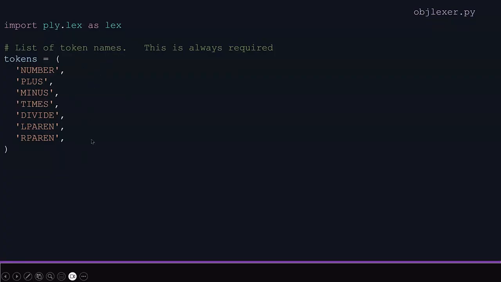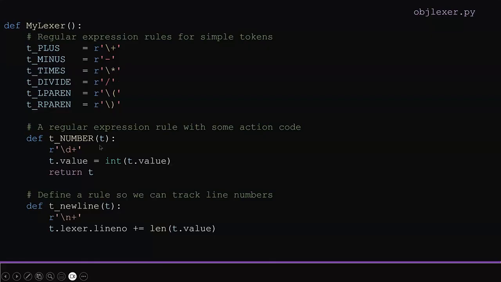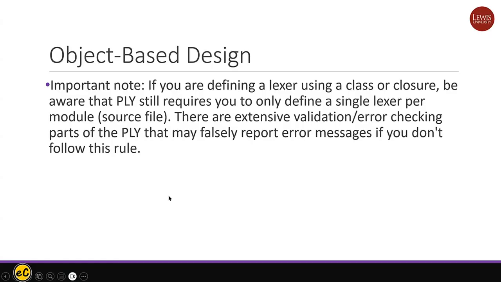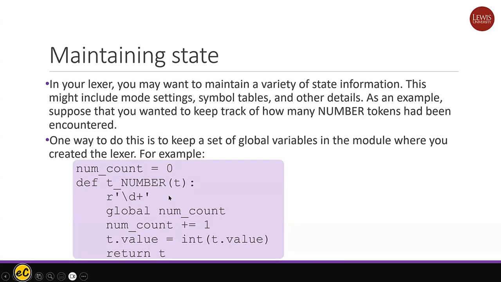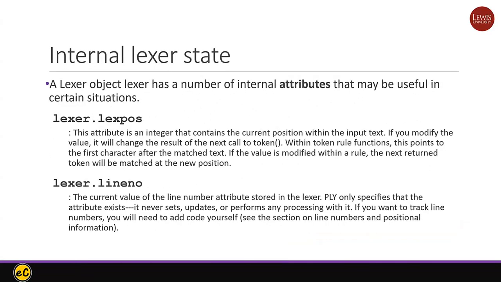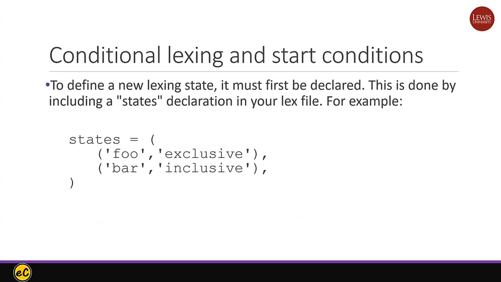And then there are different token types, and then rules, and then you use MyLexer, the class, to create an object lexer, and the object lexer takes the input. So this one is similar to the previous class type. Okay, so this is just a different version. We actually don't waste too much time on this.